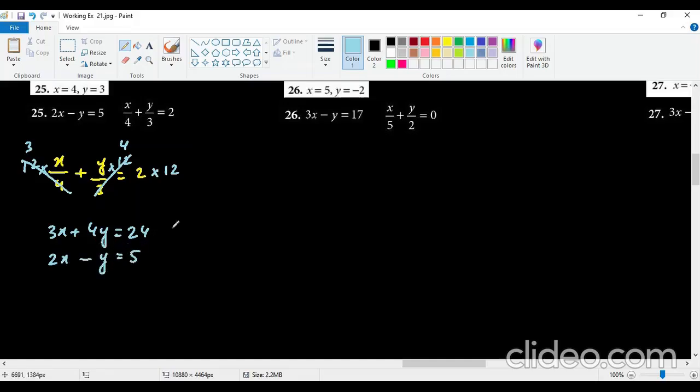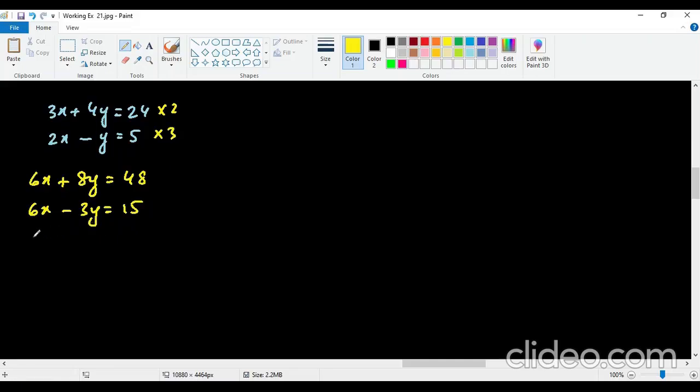Now I will multiply the first equation by 2 and the second equation by 3. So this is going to become 6x plus 2 4s are 8y, and 24 times 2 is 48. 3 times 2 is 6, and minus 3y equals 15. Now we can subtract the first equation from the second, putting a bracket here and changing the sign of these values. 6x becomes minus 6x, minus 3y becomes plus 3y, and 15 becomes negative 15.